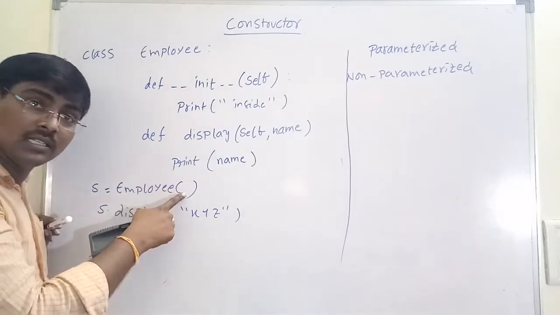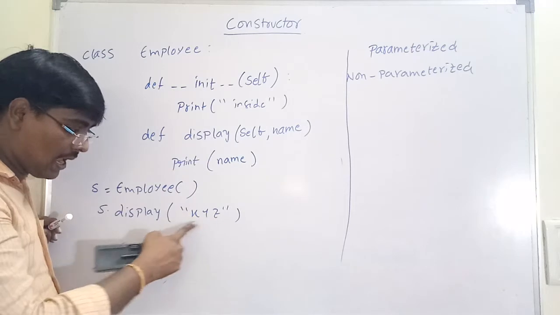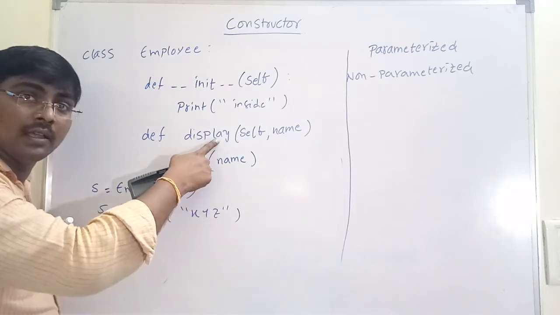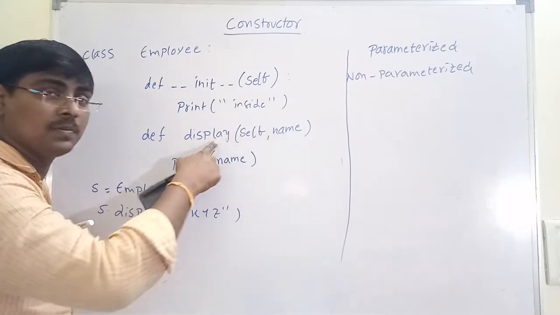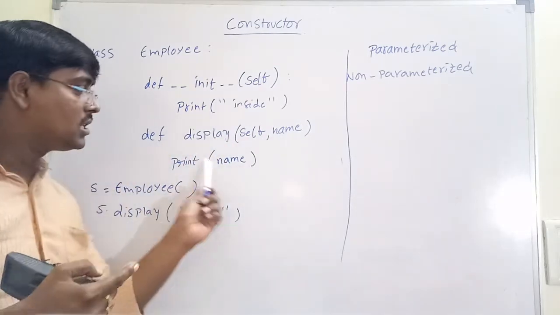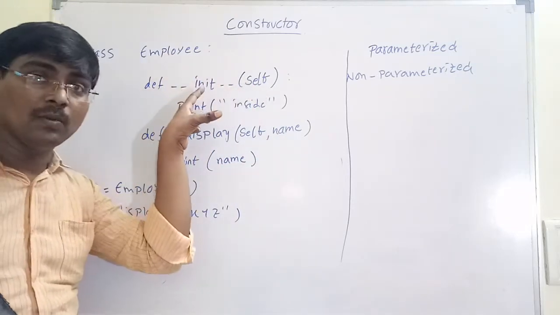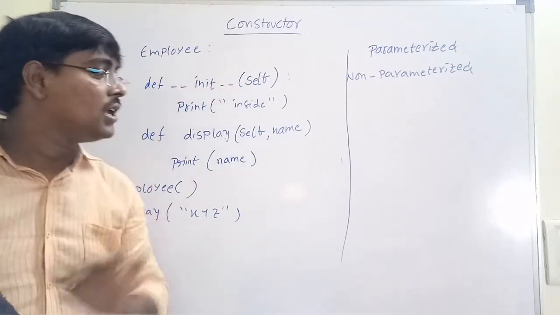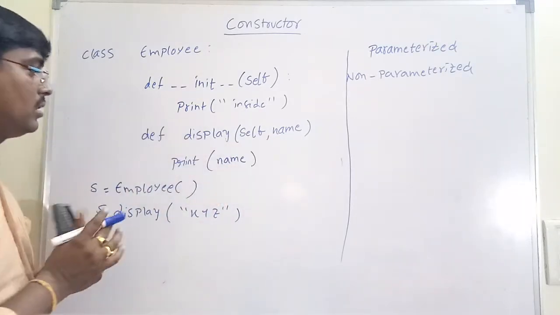Here the constructor is a default constructor. I am passing a variable to display. The variable is inside the function; the name belongs to display. So there is no need to call self.name. You observe? If the variable is a class variable, you have to use self dot. If the variable is not present inside the class, there is no need to call this one.